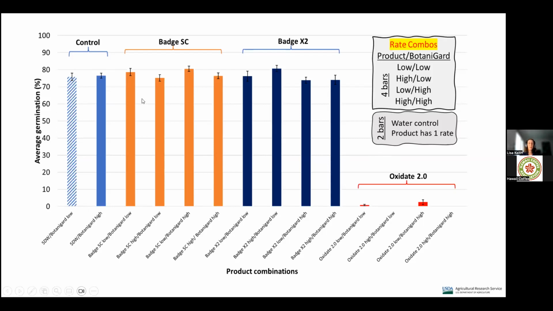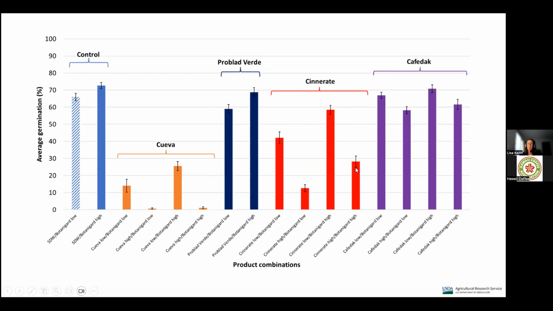Okay, so right away you can see Badge, whether that be SC or X2, mixed with Botanigard, the Beauveria spores germinate well, as opposed to Oxidate. Essentially, the combination will knock out the viability of Beauveria. Okay, just to go through quickly, Cueva, another copper product with detergent, as you can see, definitely inhibits spore germination, especially depending on the rate of the product.